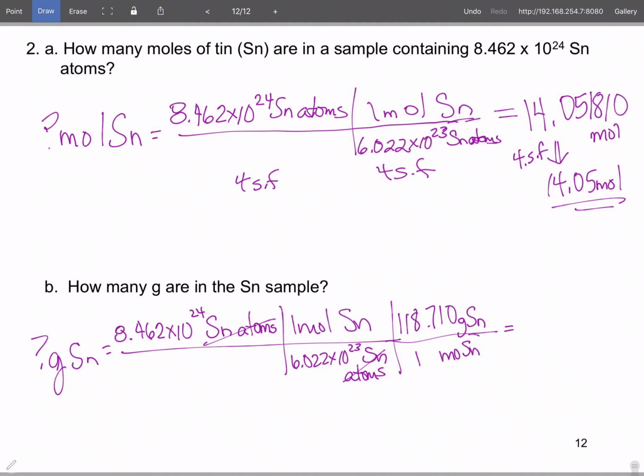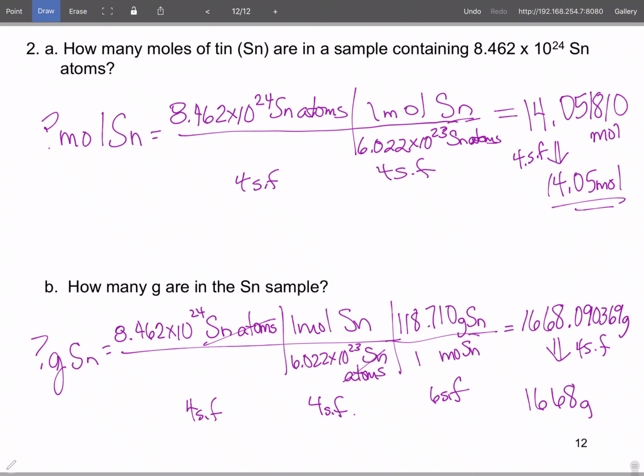So when we work it out, we get 1668.90369 grams. If we look at it, we have 4 significant figures here, 4 significant figures here, 6 significant figures here. So we're going to report it as 4 significant figures, which means we have 1669 grams of tin.